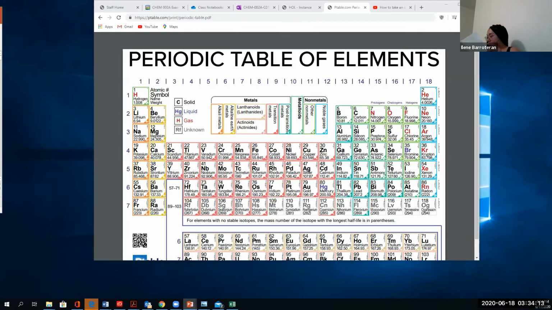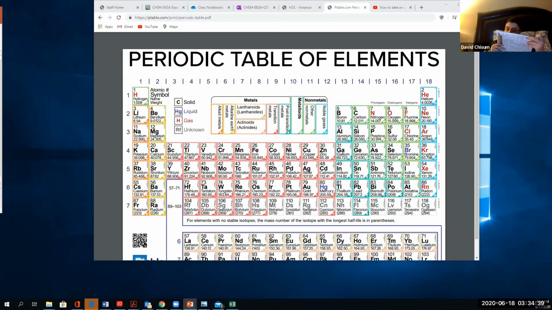The metalloids have an M on the bottom right corner. If you look at number 32, on the bottom, there's an M for metalloid. And if you look at 34, it has an N for nonmetals at the bottom right corner. You're right.